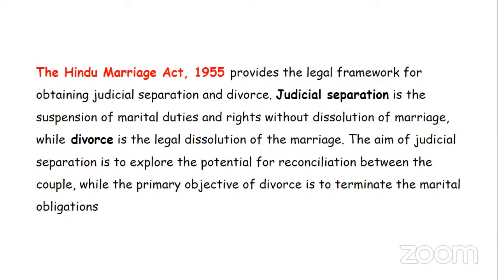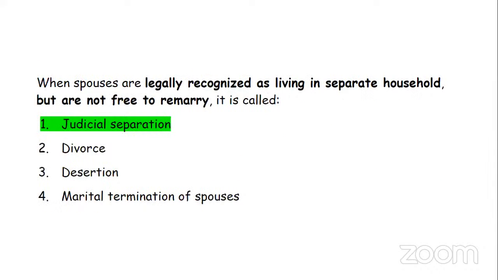So this is the major difference between judicial separation and divorce. Judicial separation is the suspension of marital duties and rights without dissolution of marriage, but divorce is the legal dissolution of marriage.